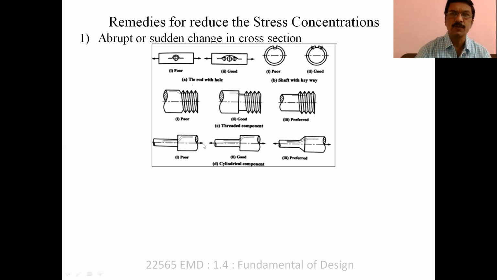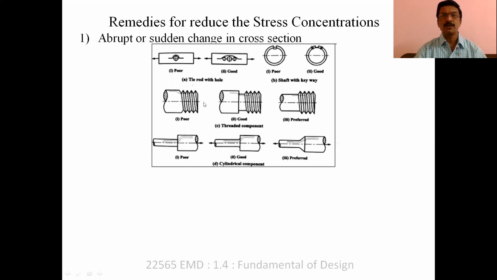You just look at this figure. There is a poor surface, there is a good surface. In case of a poor surface, the stress concentration can be avoided by placing two holes, and that is enough to reduce the stress lines.